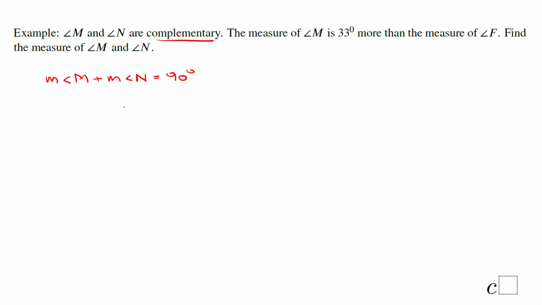The measure of angle M is 33 degrees more than the measure of angle N. How are we going to write that?